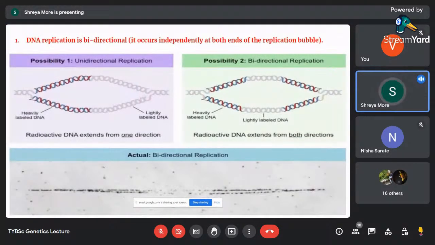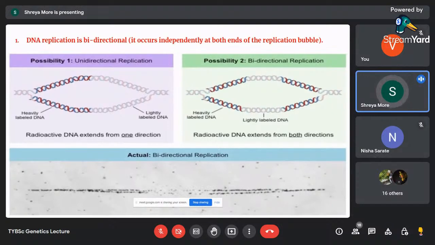So in bidirectional replication, the replication process occurs in two directions, basically unidirectional and bidirectional replication. In unidirectional replication, the process occurs in one direction, and in bidirectional replication, the process occurs in two directions.